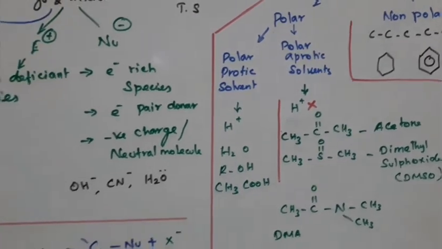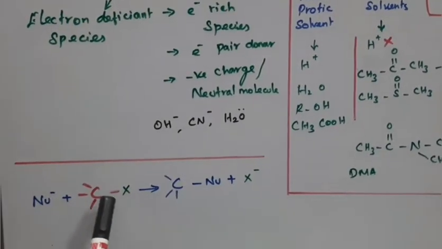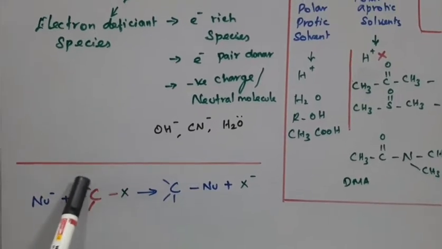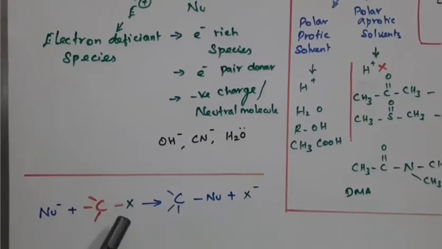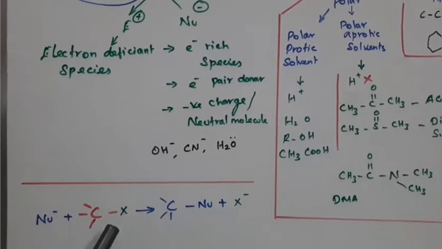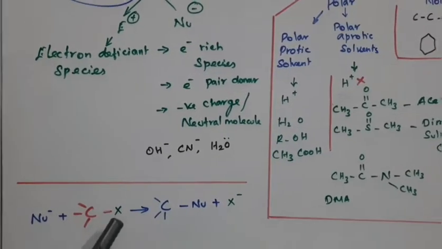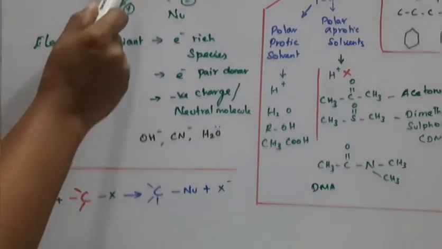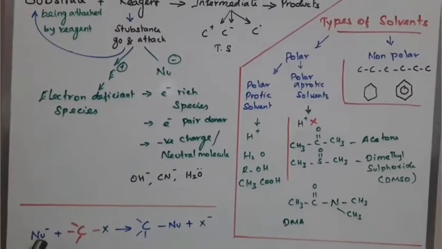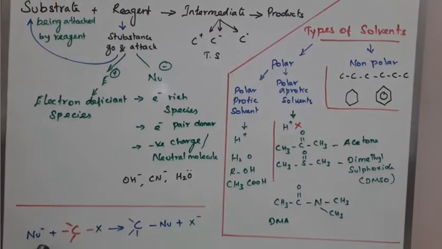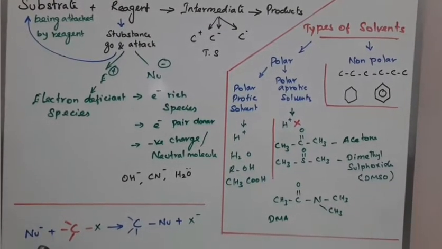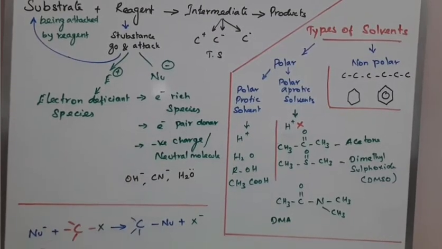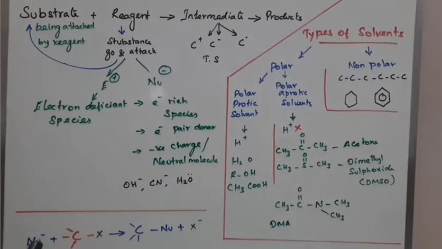See here, this is the general case: this is an alkyl halide, which we consider the substrate, and this nucleophile is the reagent. The reagent is an electron-rich species. For SN1 and SN2 mechanisms, the nucleophile being an electron-rich species is very important.